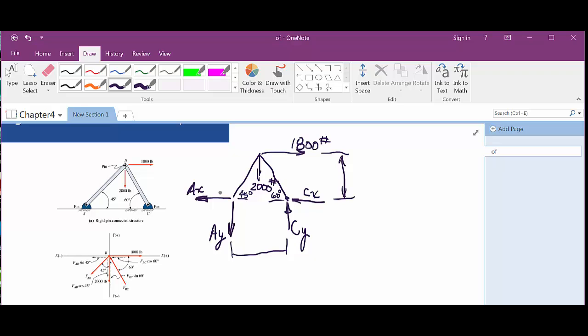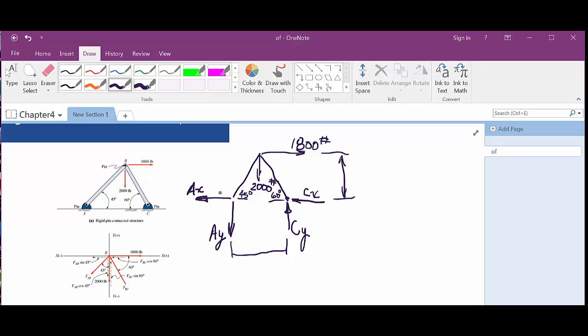Okay? So they're only analyzing point B, or that joint. But in that case, that will tell you everything that's going on in that bar from A to B, and then from the bar from B to C. It'll show you what's going on there. Then you can go back and find out what you need at those reaction points. Okay?